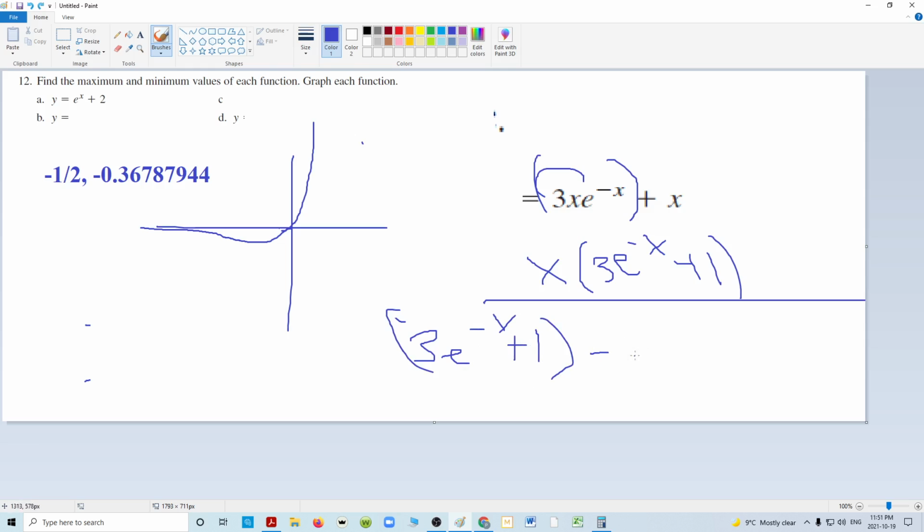Plus x times the derivative of this, so this minus 1 comes down. You get minus 3x e to the minus x, and the derivative of that is again nothing. So you get the same problem.